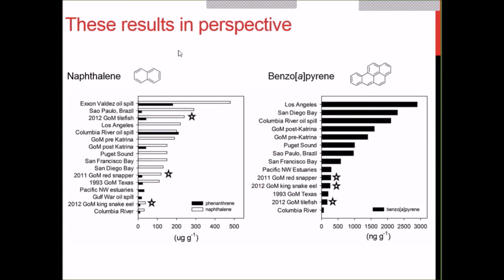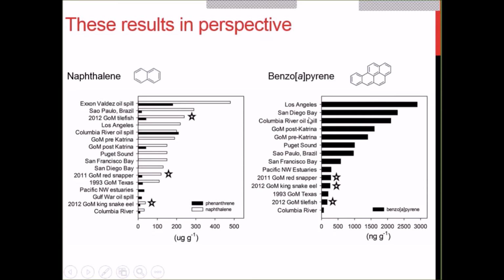Those salmon were sampled pretty immediately following the Exxon Valdez, whereas these tilefish data were taken over 2 years post-Deepwater Horizon. But the good news is lower on the graph, we've got our red snapper samples and our king snake eel samples, and they are playing out much lower, right around some 1993 Gulf of Mexico, Texas, what you could call baseline data that we found.